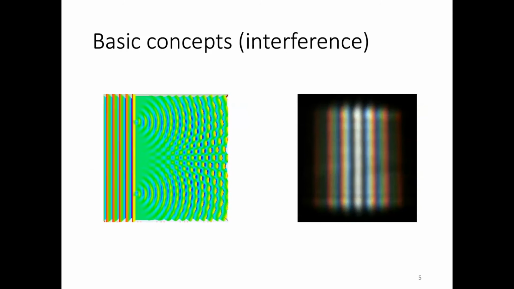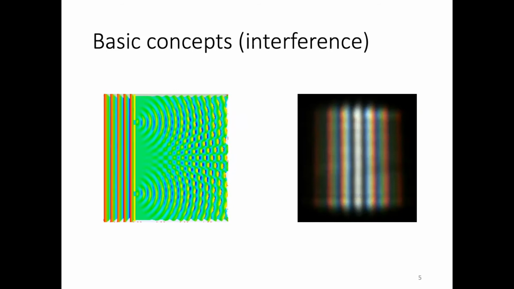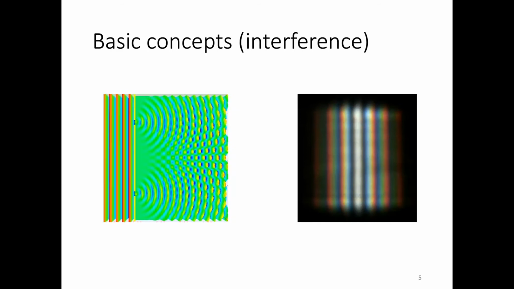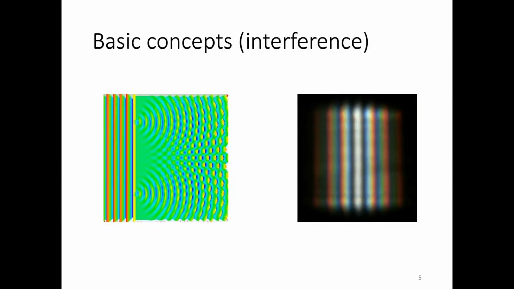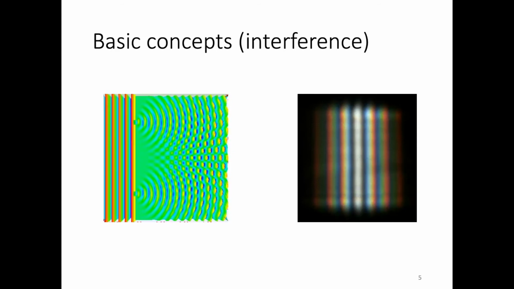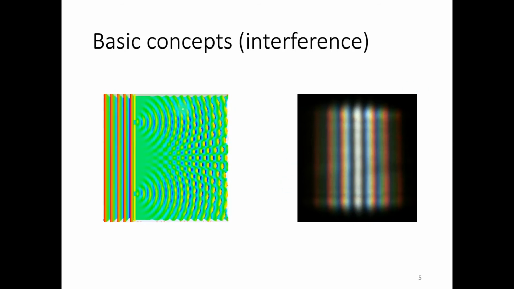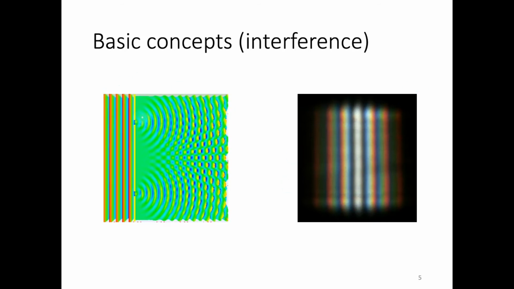Another concept that you have probably seen in high school is that of interference. When I have coherent light and photons that travel alongside each other, they can interfere with one another, and this can be constructive or destructive interference. At least when I was in high school, we did this experiment with slits.